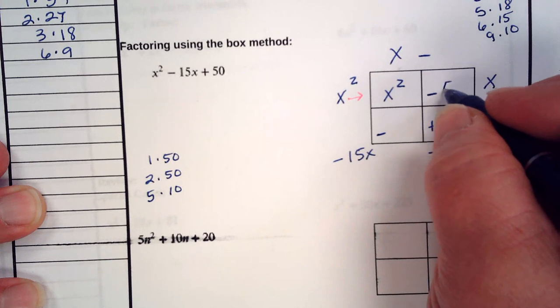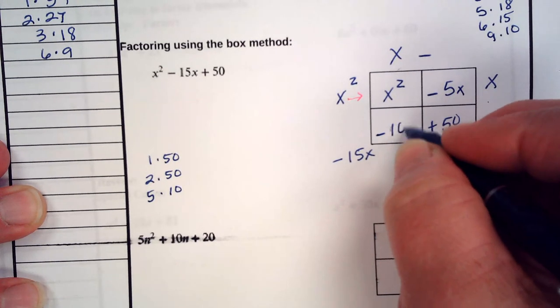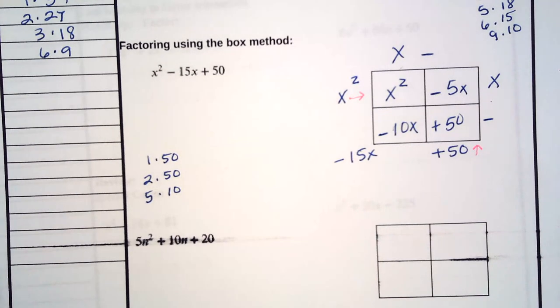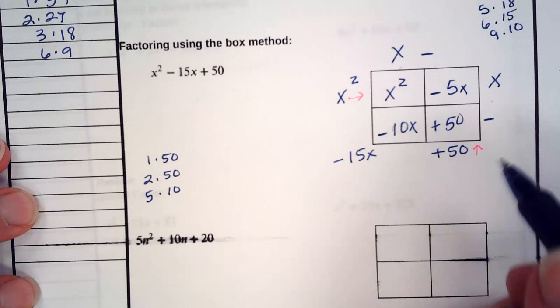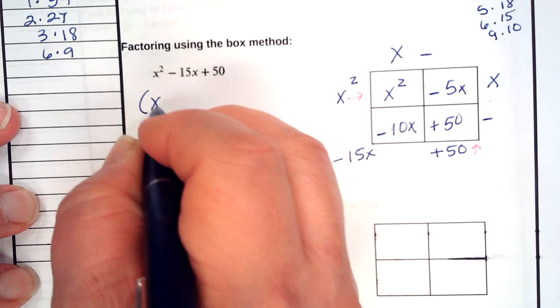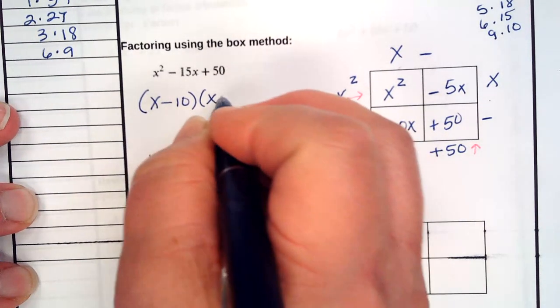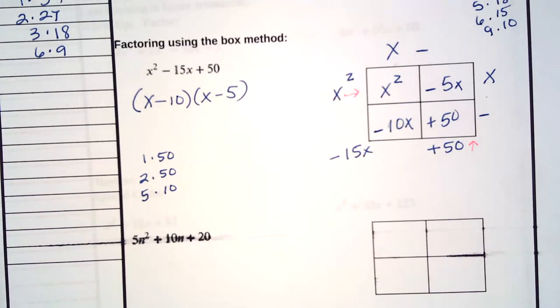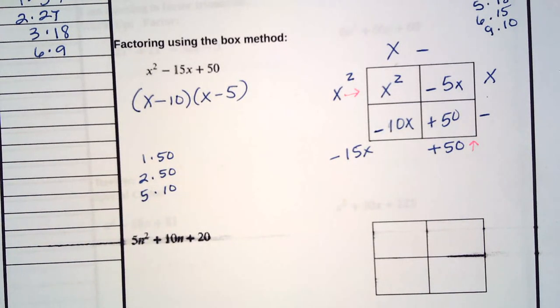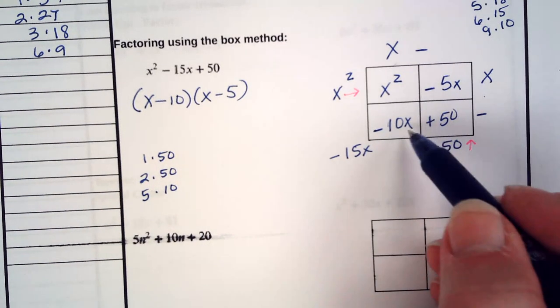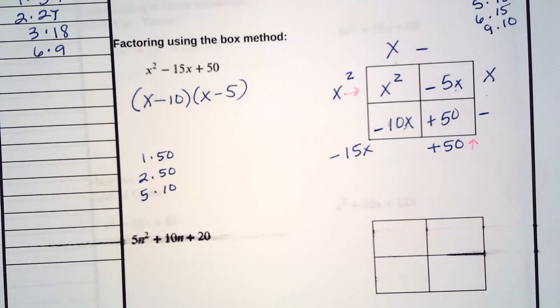So this will be 5x and 10x. So x minus 10 and x minus 5 are the correct answers. You're using these two numbers, you're just dropping the x.